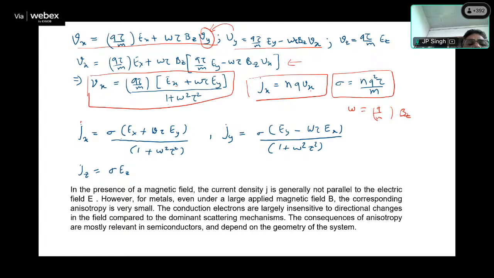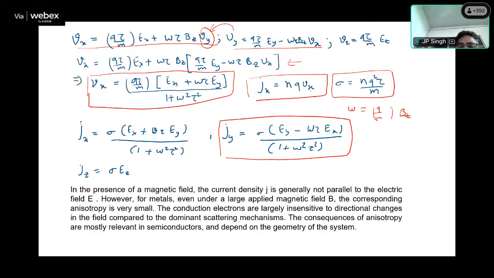The simplest form you can get is conductivity times Ex plus omega tau Ey divided by 1 plus omega square tau square. Similarly, I can find the value of Jy from Vy. Jy will be simply nq Vy, then you have to input the value of Vy from here. So you get three relations.